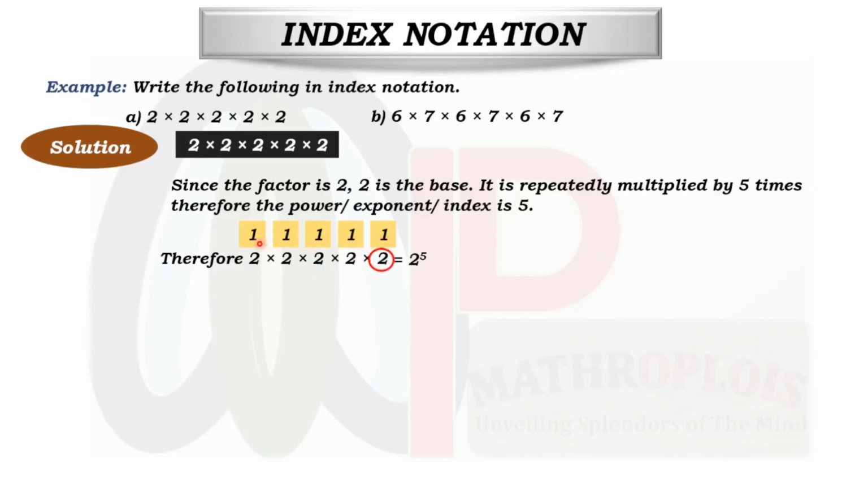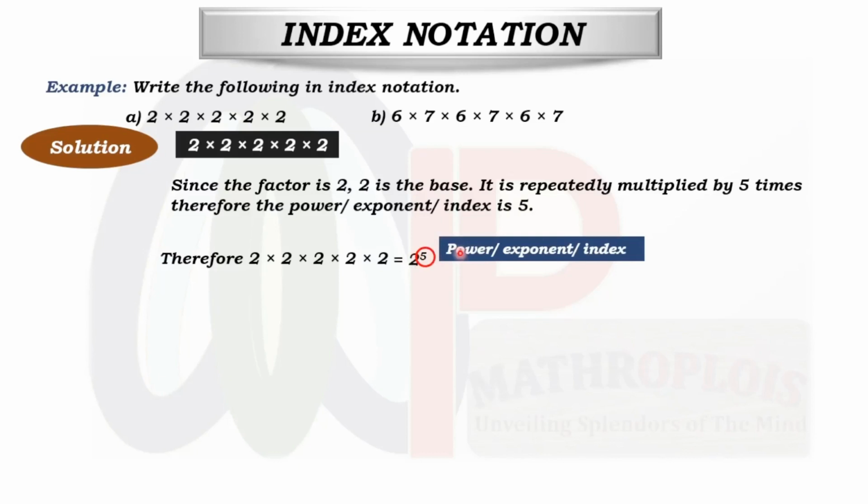If we add all indices of 2, that is 1 plus 1 plus 1 plus 1 plus 1, it is equal to 5. It equals 2 to the power of 5. Here, 2 is the base, and 5 is its power, exponent, or index.